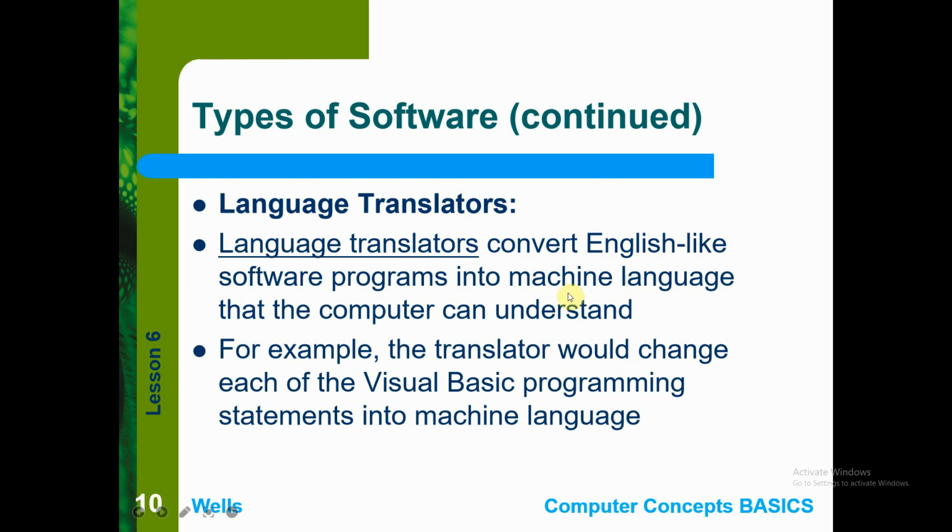And for our language translators, they convert English-like software programs into machine language, which our computer can understand and execute. So for example, in Visual Basic Programming, the translator would change each of the Visual Basic Programming statements into machine language.